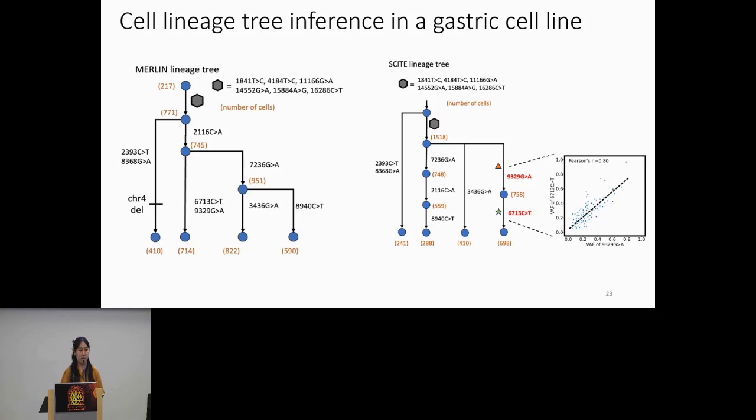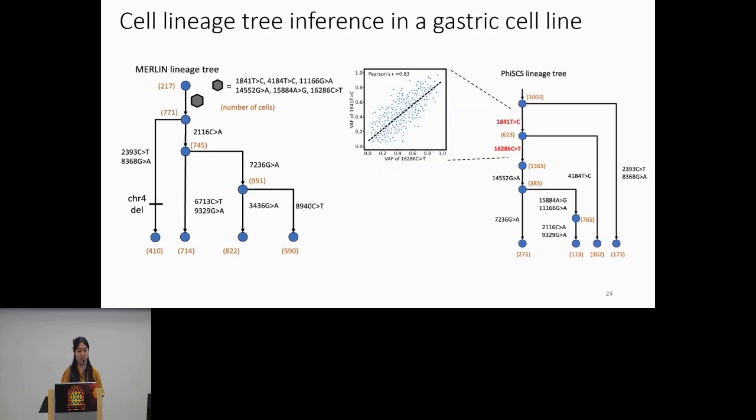What this means is that these two mutations are likely to be part of the same mitochondrial clone that are inherited together through cell division and mitochondrial replication. That's the most plausible explanation for this high Pearson correlation between the variant allele frequencies. Therefore, it's more plausible to group these two mutations into a single edge, like Merlin did.